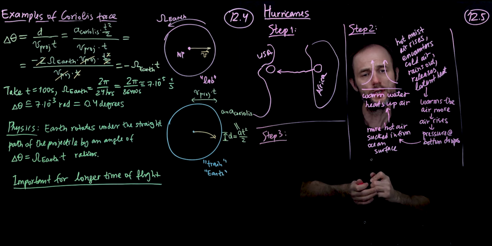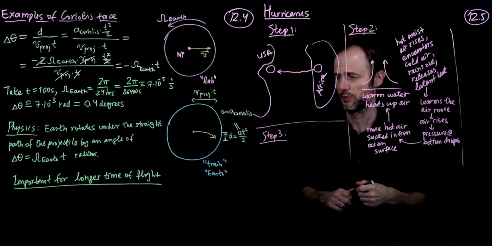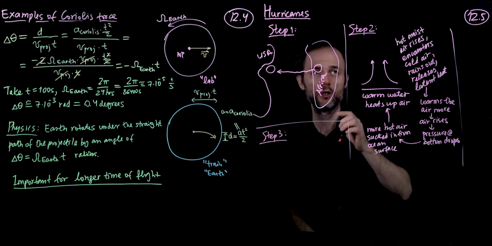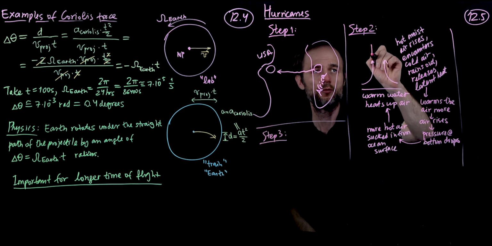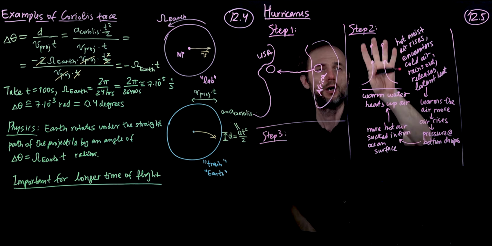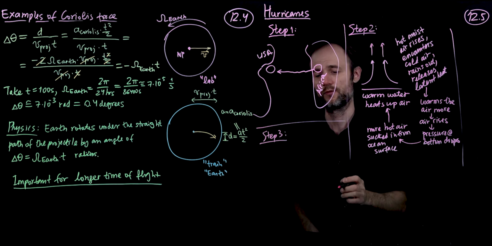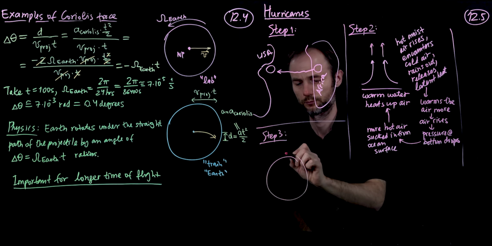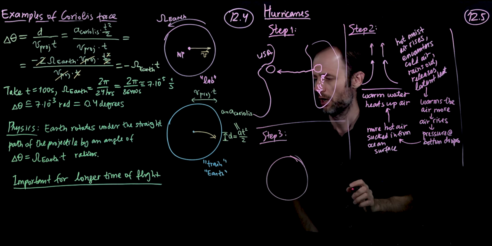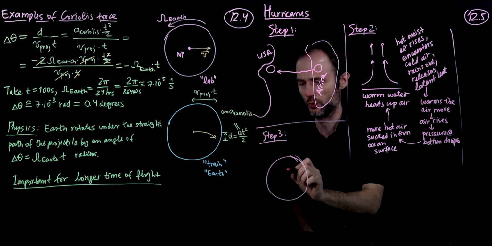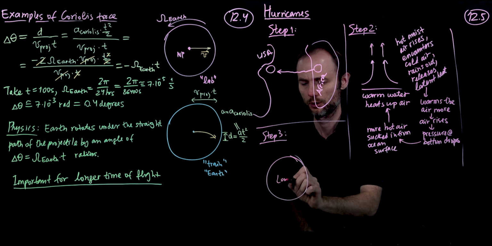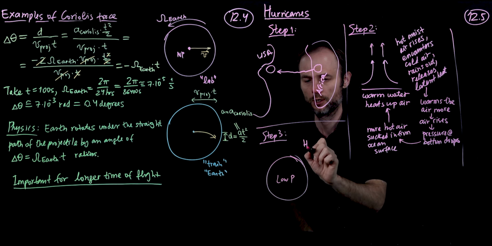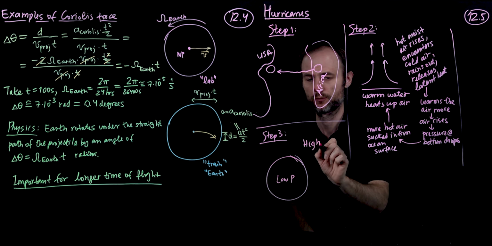And step 3 is the most interesting and relevant one. So if we look down the barrel of this column of the air, what we have is low pressure surrounded by high pressure.